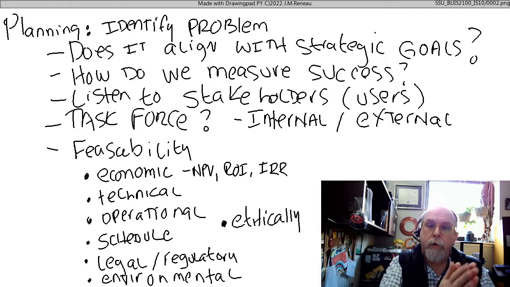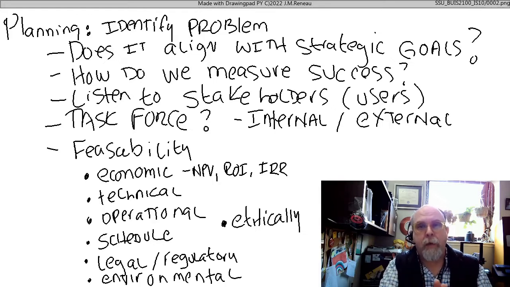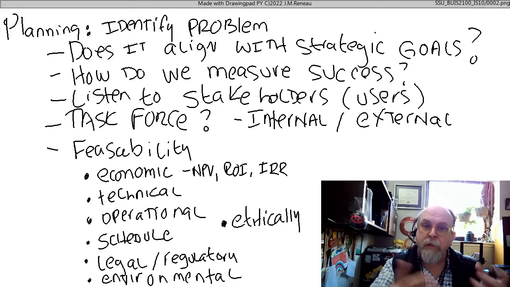The money that we're going to invest in a system, in a project, should make us money by the time we're done. There should be a return on our investment, or ROI. We should be able to measure or guess the internal rate of return, of how much money we're investing versus how much we expect to come back.